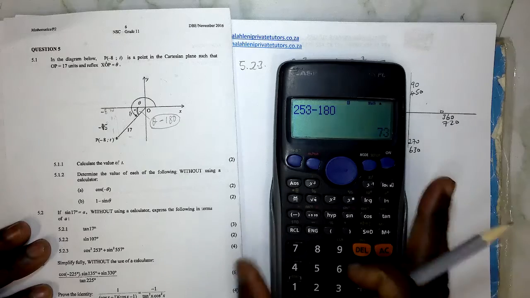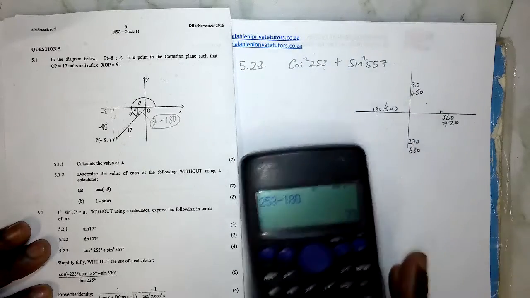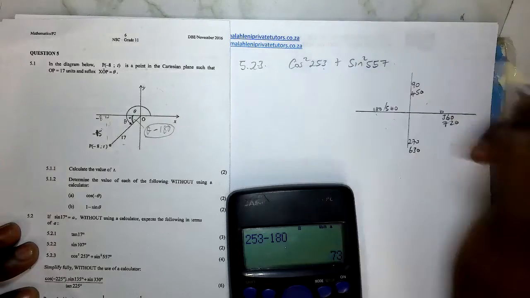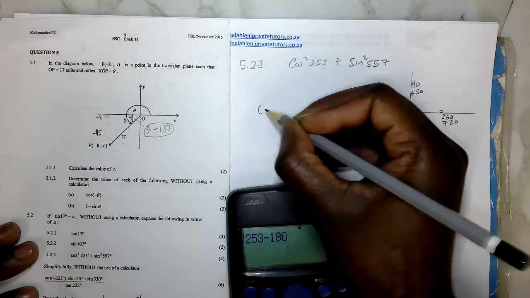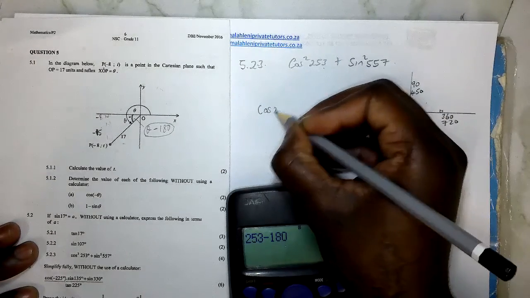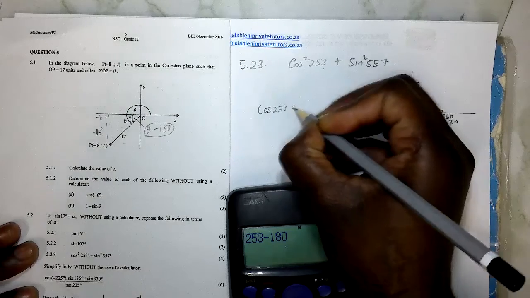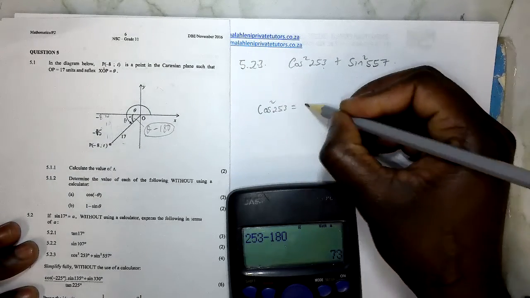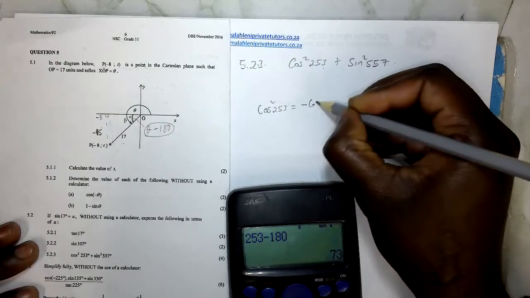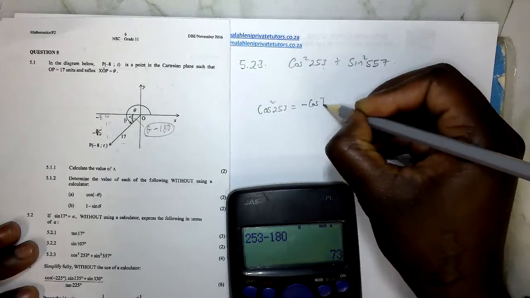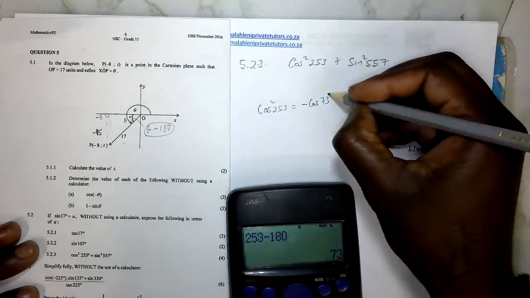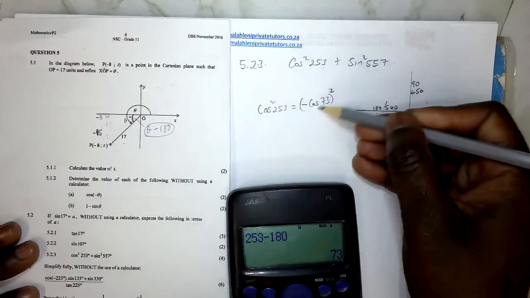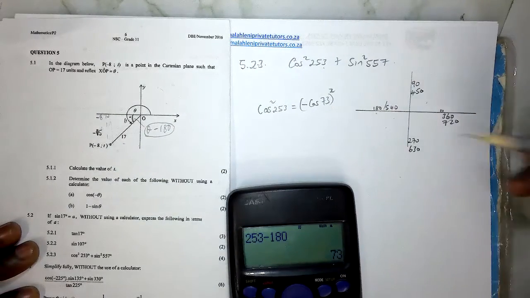We get 73. Can you see this? So now it means that cos 253 squared is equal to negative cos 73, squared. Because the cos squared is just the same as we are squaring everything, okay? That's what we are having there.